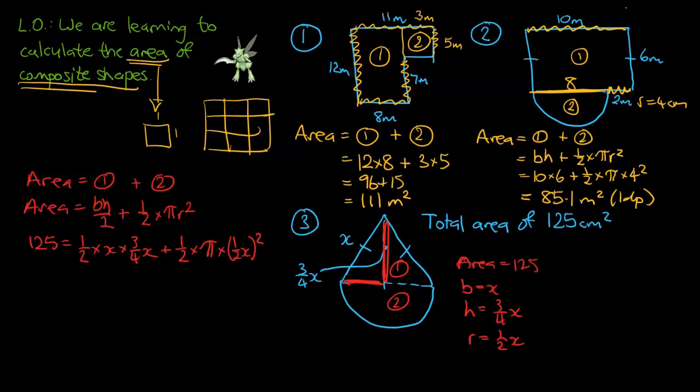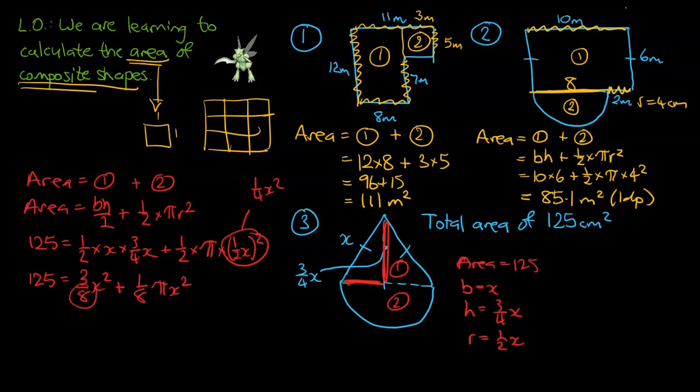I've now got a bit of simplifying to do, so there's a lot of fraction work here, which is going to be a bit annoying, but 125 is going to be equal to fraction times fraction, so top times top, which is 3/8 x squared, and then we're going to add this part here becomes 1/4 of x squared, and then that's going to be times by this 1/4 over here, so that's going to be 1/8 of pi x squared.